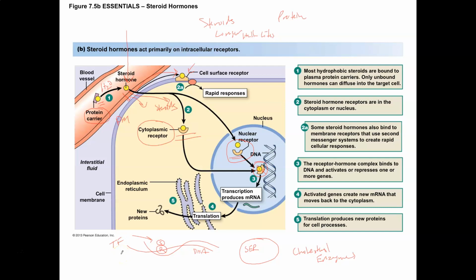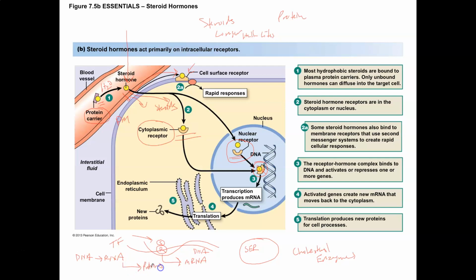A transcriptional factor is something that's going to interact with the DNA and begin the process of producing messenger RNA from a gene. So transcription is really going from DNA to RNA. And so steroids are very powerful in the sense that they can interact with DNA, produce RNA, and then if we go through translation, we can produce proteins.